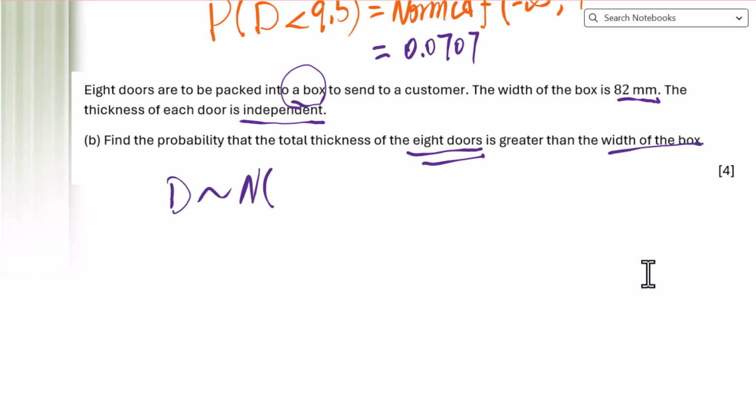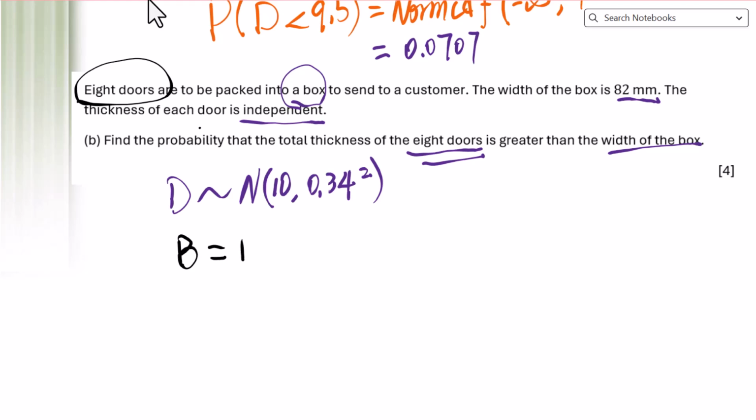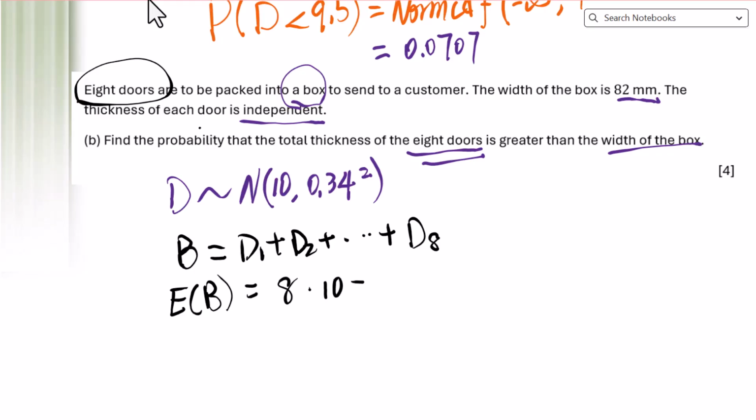D follows normal distribution with 10 and standard deviation 0.34. 8 doors, let's use B equals D1 plus D2 until D8. So E of B equals 8 times 10 equals 80.